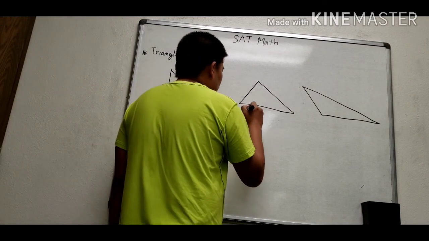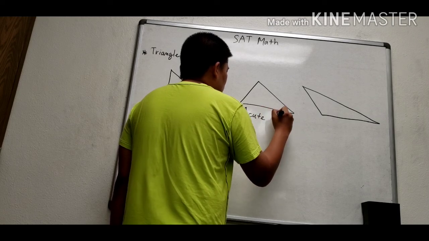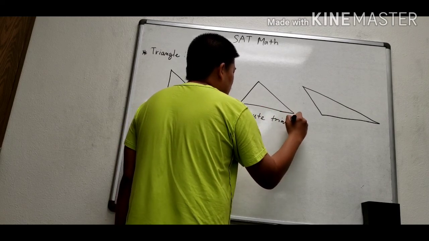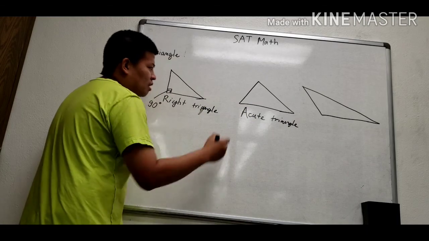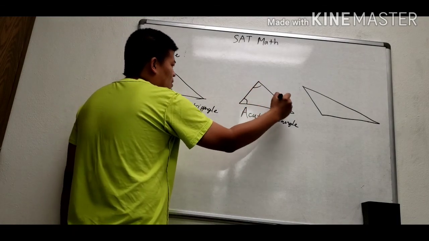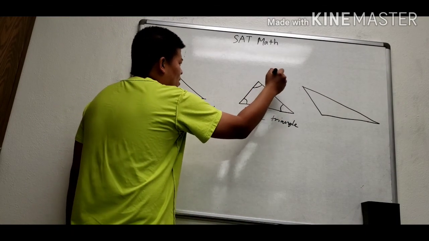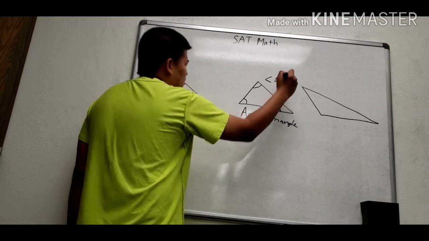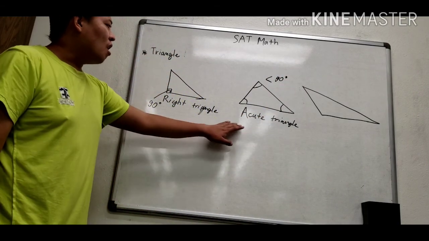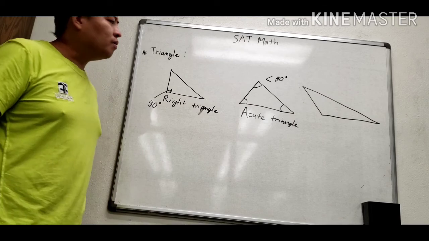This one we call an acute triangle because all three angles in here are below 90 degrees. So we call it an acute triangle.